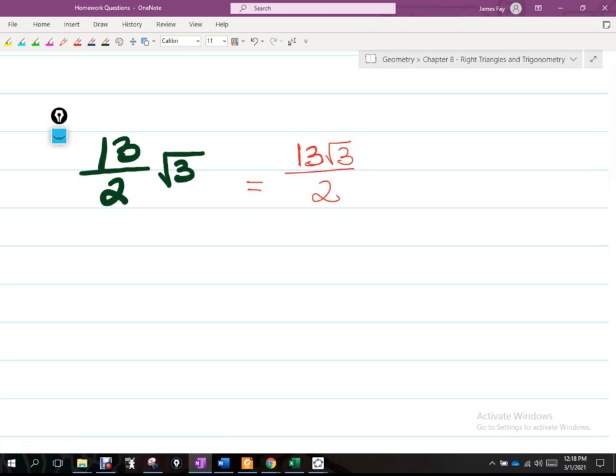But it is the same thing. 13 over 2 times radical 3 is the same thing as 13 radical 3 all over 2. You will see us transition back and forth between those two notations. And the assumption is because we learned how to multiply fractions in 5th, 6th grade, that they can do that without any discussion about why or how they do it.